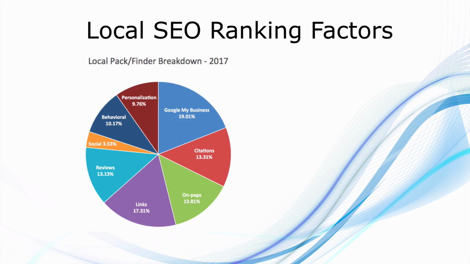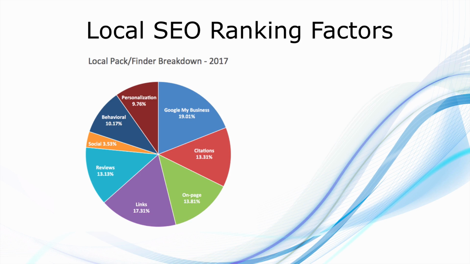The other two are behavioral and personalization. I'll tell you what exactly these are. Behavioral is how many times people are opening your result in the Google 3-pack map or in Google Maps itself, and how many of them are actually interacting. This can be your click-through rate, or CTR, how many people have clicked on the call button, how many have clicked on the get directions button.